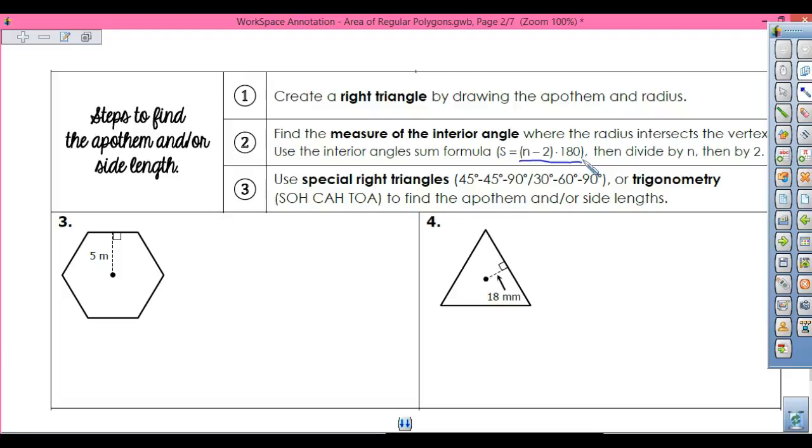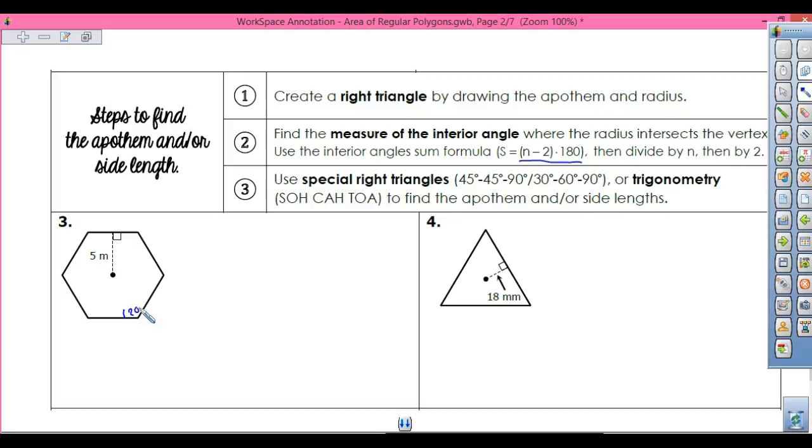Number 3 has 6 sides, so 6 minus 2 is 4, times 180, divided by 6. Each of these angles is 120 degrees.